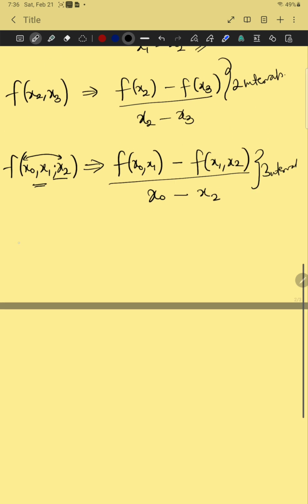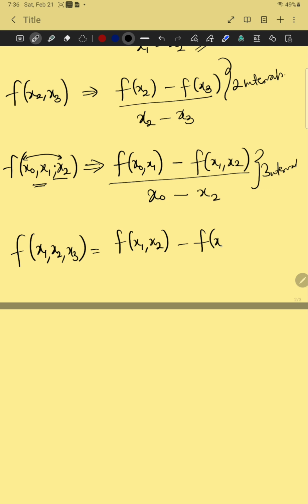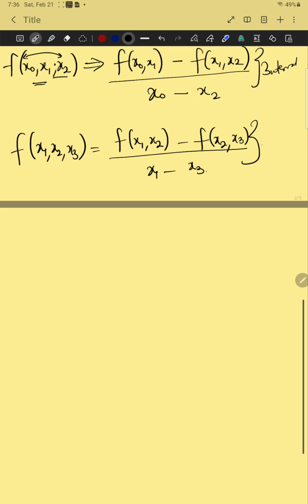Let's do that again. If we have f of x1, x2, x3, we're going to have f of x1, x2 minus f of x2, x3, all divided by x1 minus x3. These are for three points.